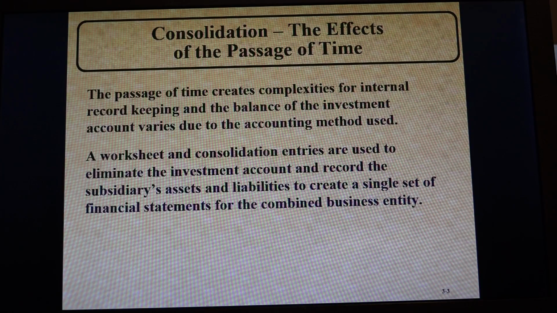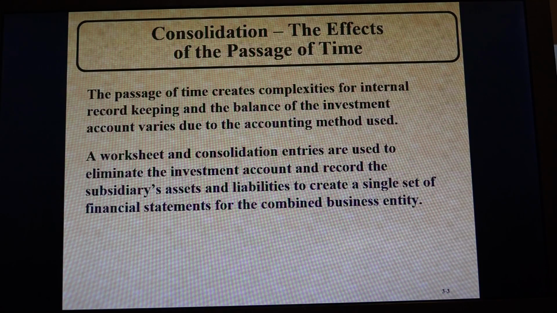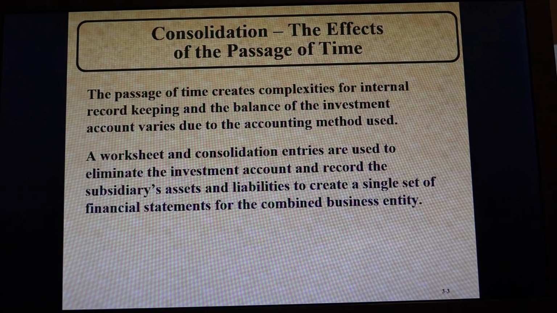So there are many reasons why we're focusing in on the equity method. So again, a worksheet and consolidation entries are used to eliminate the investment account and record the subsidiary's assets and liabilities to create a single set of financial statements for the combined business entity.